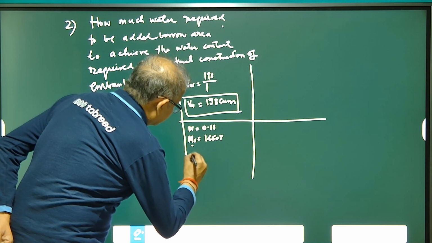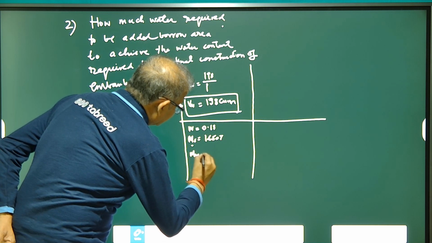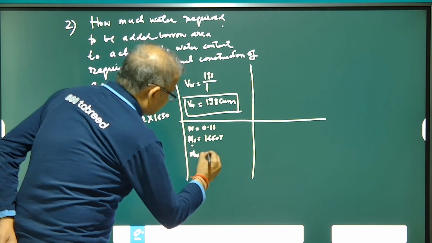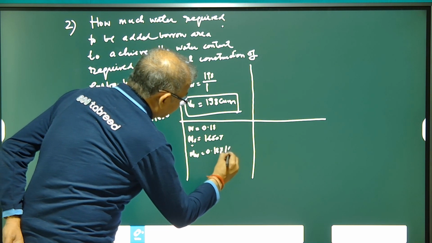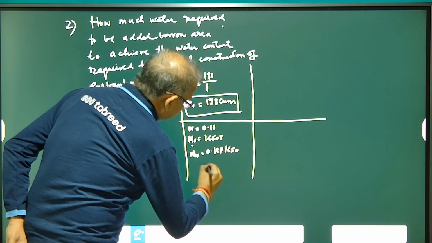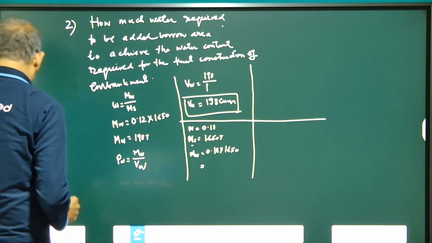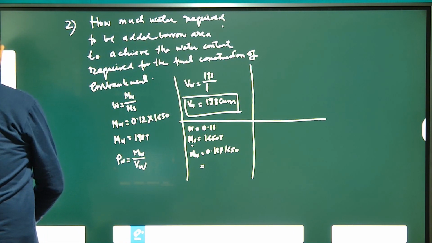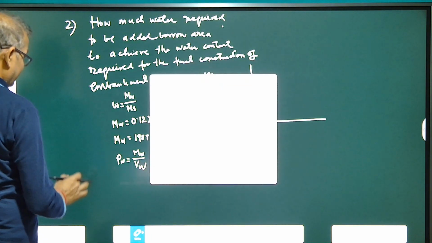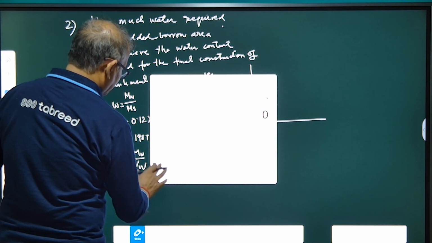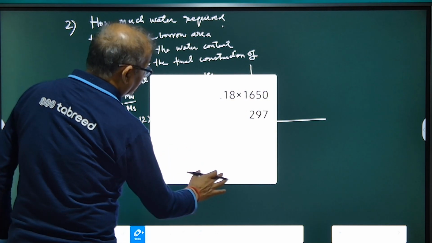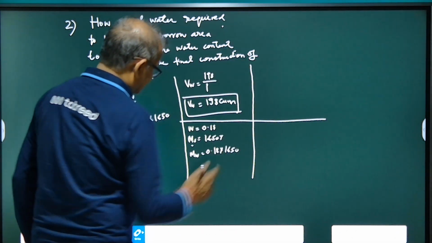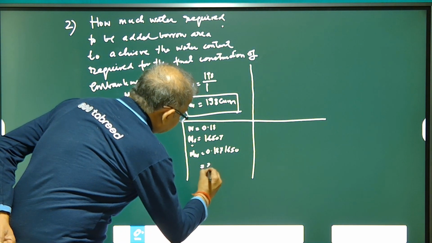So mass of water will be equal to 0.18 into 1650, equal to 297 tons.